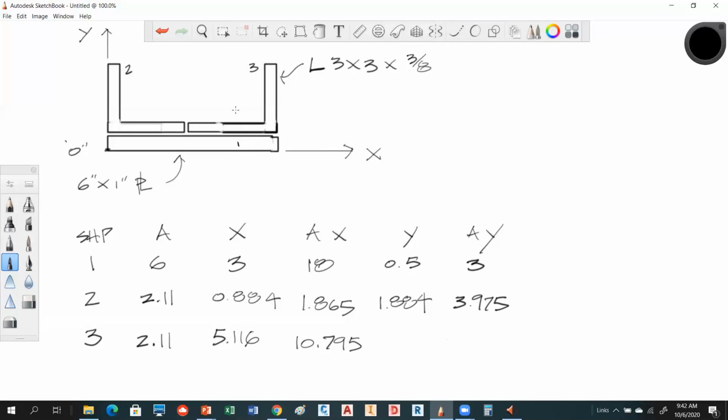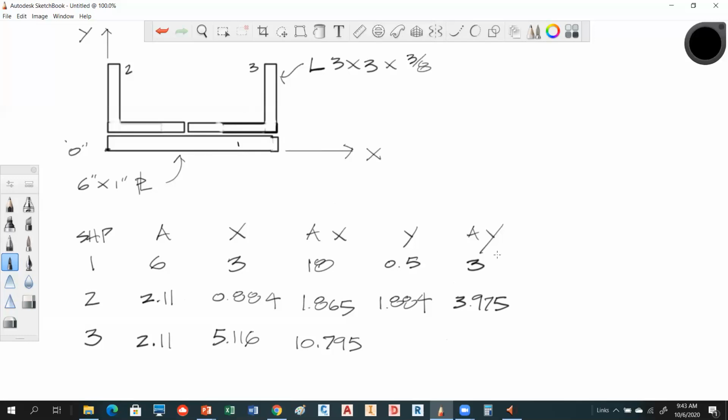But what's happening is it's going to be identical to what's happening in 2. If you remember, we said from the back face of this up, it was the 0.884. This is also to the same point, 0.884. So even though we mirror imaged this, it didn't affect what's going on in the y there. So if we're coming up from the origin, that's going to be 1 inch plus the 0.884.